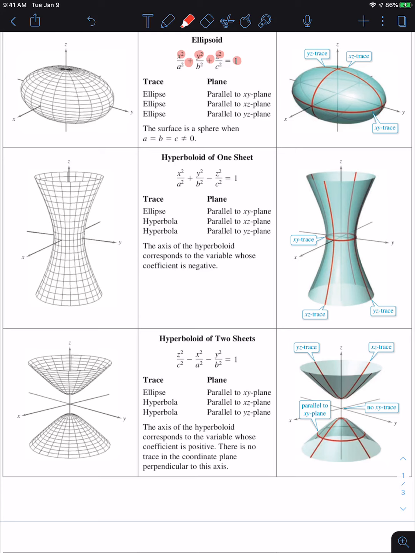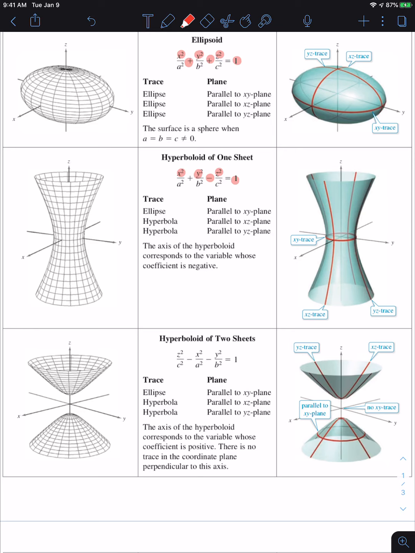How about a hyperboloid of one sheet? Key characteristics: x squared, y squared, and z squared all appear, but I have one subtraction sign, so one of them is being subtracted, and I have a 1 on the other side of my equal sign. I kind of missed the traces up top.